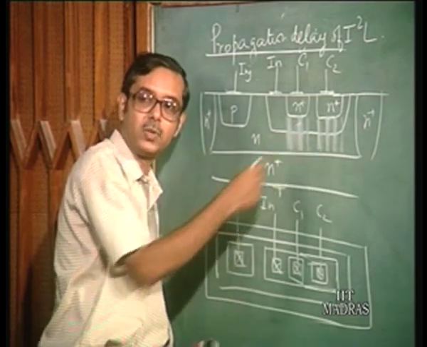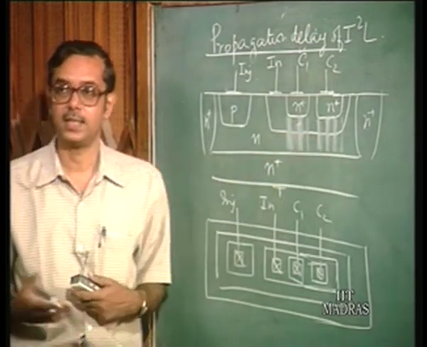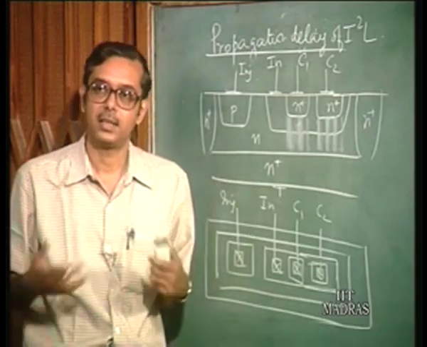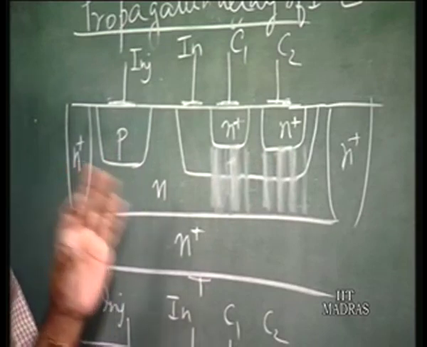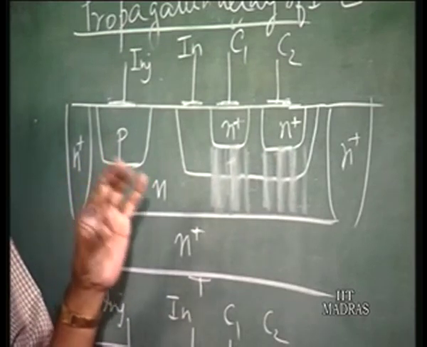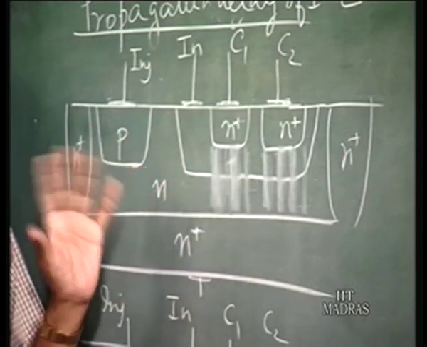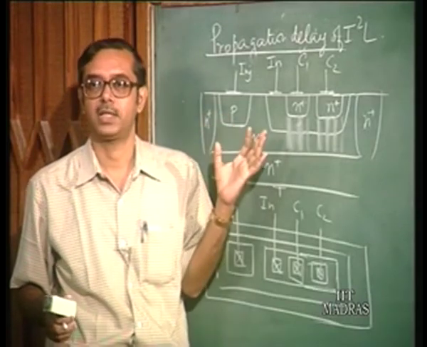So, when you have to switch off, you have to remove that excess charge, and it gives rise to a lot of delay. So, that is the basic problem in the I squared L structure, which gives rise to the poor performance in terms of propagation delay.